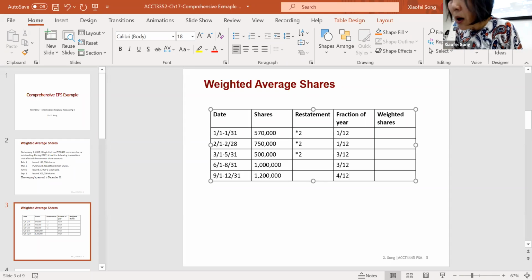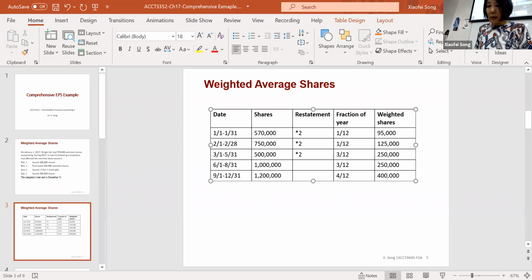So we compute the weighted shares for each period. For January it is 950,000, for February 125,000, and then for the next 3 months 250,000 shares, and 250,000 shares again, and 400,000 shares.